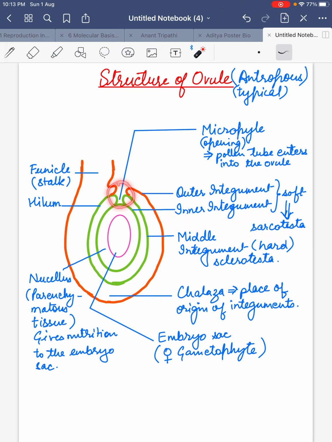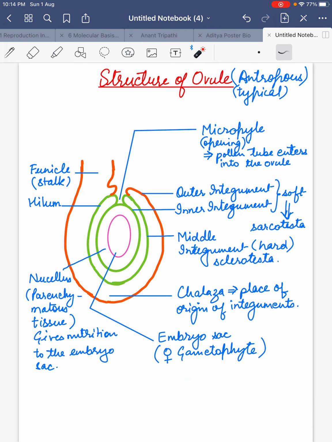Just opposite to the micropylar end, there is the chalazal end, and this part is called chalaza. So, chalaza is the place of origin of integuments. Here, in the center, we see that there is the embryo sac, the main part of ovule, which is called the female gametophyte.